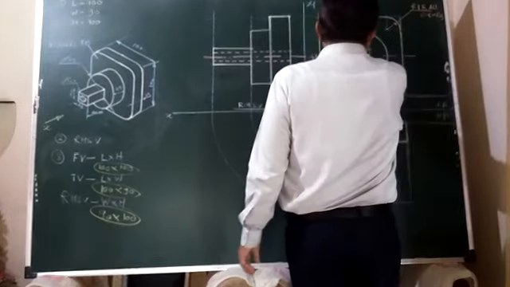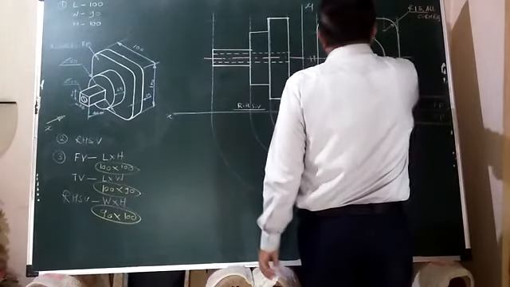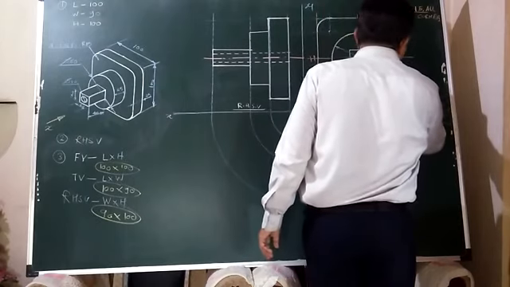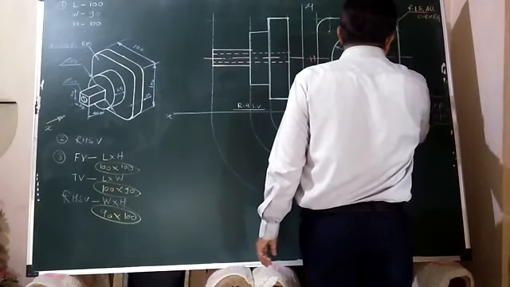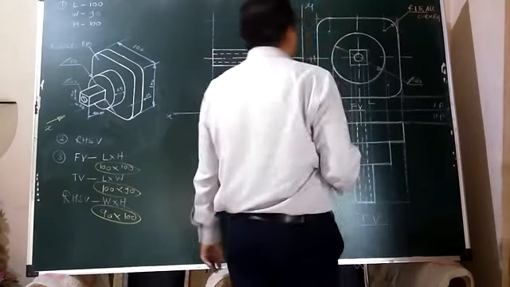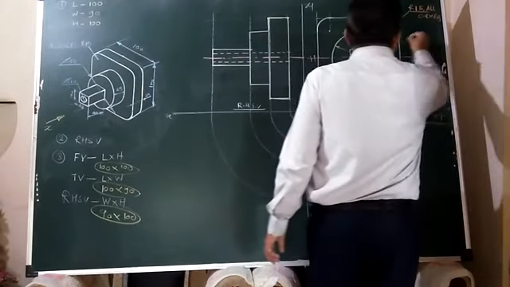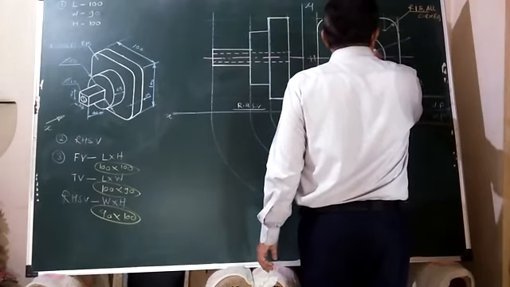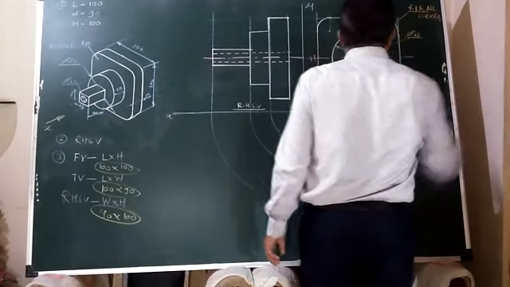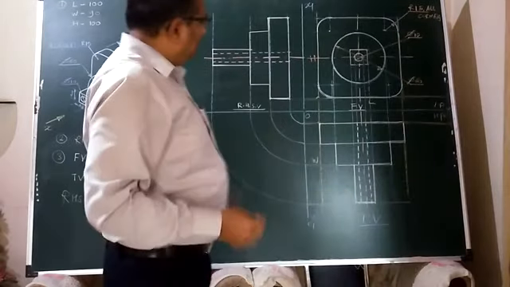This diameter of central plate, that also we can show here in this front view itself, 60. This small hole, again I will produce the dimension line here, and that 10 cylindrical hole. All the curvatures we have finished there.